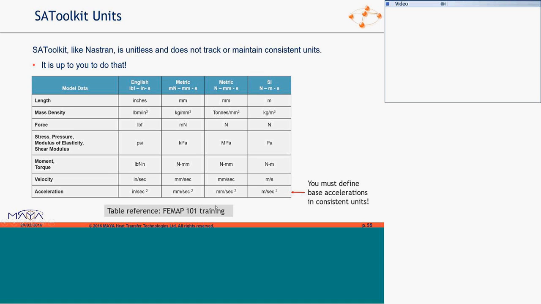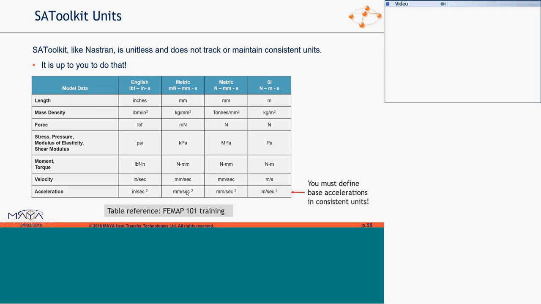So I have consistent units. I've extracted this table from PMAP1 training. You can see this type of table shows you what consistent units are. To define your input acceleration, you define it in consistent units. So using inches, you've got to use inch per second squared.